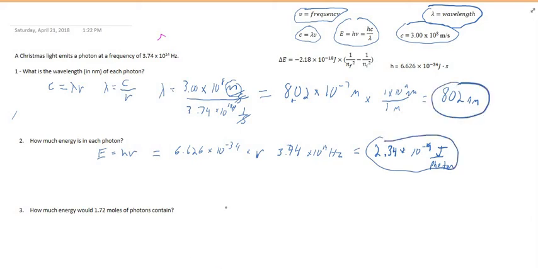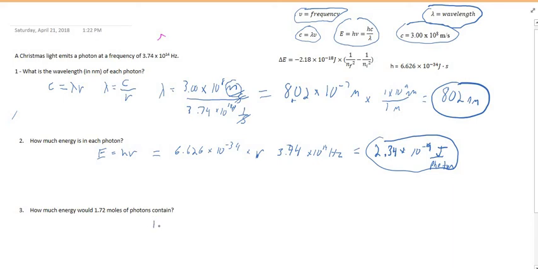And then the last one is, how much energy would 1.72 moles of photons contain? Well, I know that for each photon I have this many joules, and so now I can just do a quick conversion.